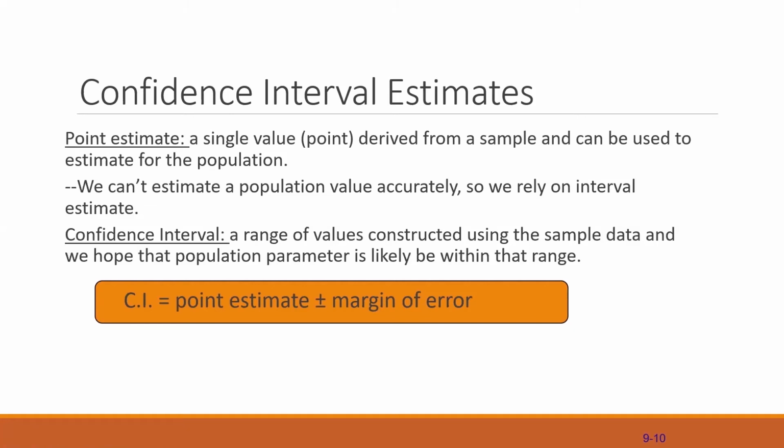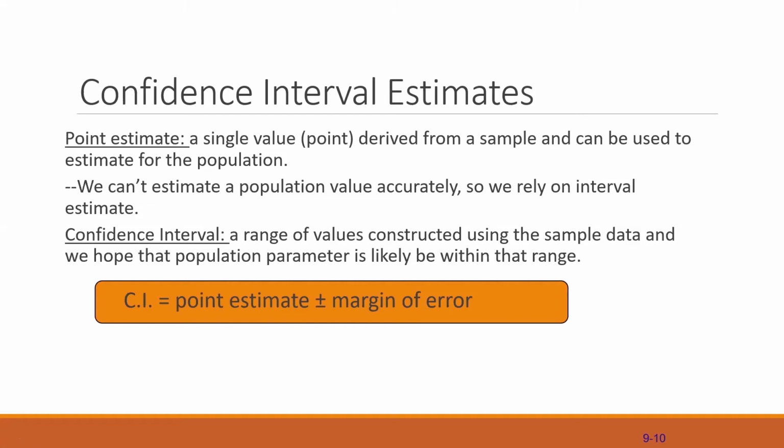Instead of estimating the population average using a single number, we want to use a range to estimate the population mean, or population parameter, which could be population variance. And with that range, we hope that the population mean is in it. And with the method discussed here, that range will be likely to include that population mean.